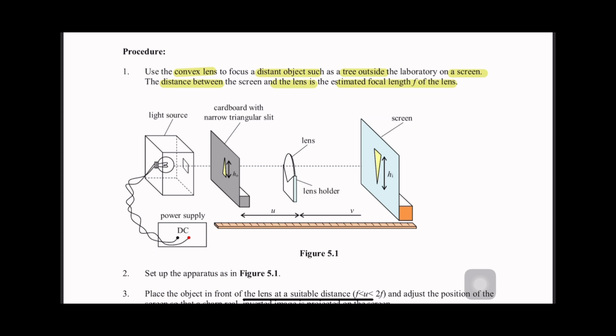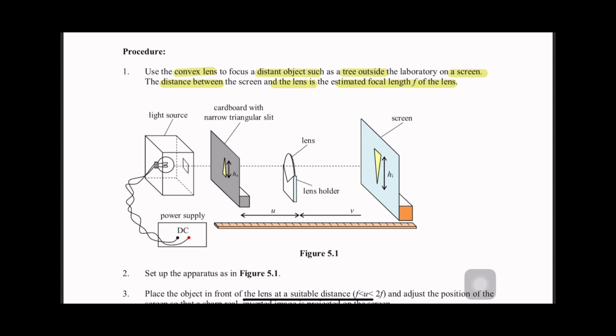So waktu you buat eksperimen ni nanti, you akan ambil lens, you pegang lens, you ambil satu objek daripada luar, means that daripada side pintu ke pokok ke apa terpulang, and then you cari dia punya estimate focal length, means that jarak daripada lens kepada screen, di mana you dapat, contoh kalau you ambil objek pokok, and then pokok tu nampak dengan jelas dekat screen, so you akan ambil jarak daripada lens kepada screen. Itu adalah estimate focal length you yang pertama.